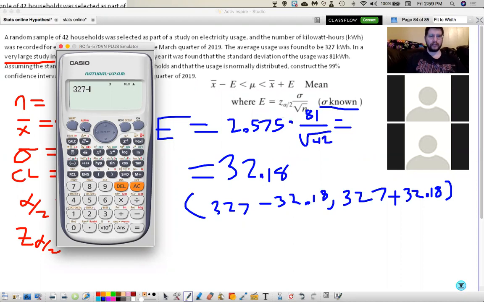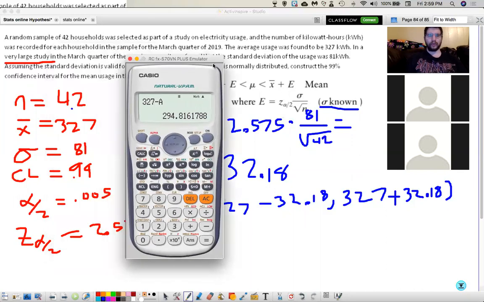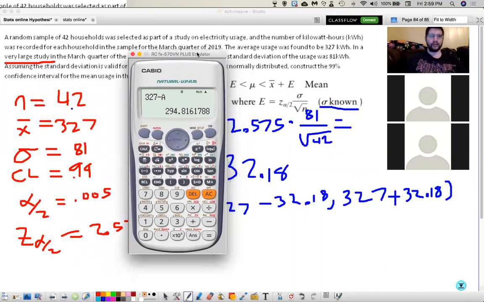327 minus A. That's the lower end of my confidence interval. The rounding rules, if you remember, you go to whatever place X bar has. If you have statistics, if you have data, you go one place further. So if you had a list of numbers and they were all to the 1st place, we go to the 10th place. Here we're given X bar is 327, so we're going to round this to 295.